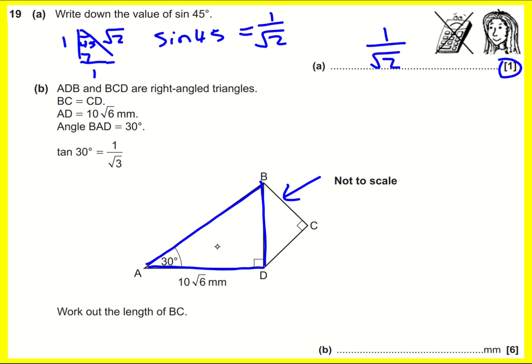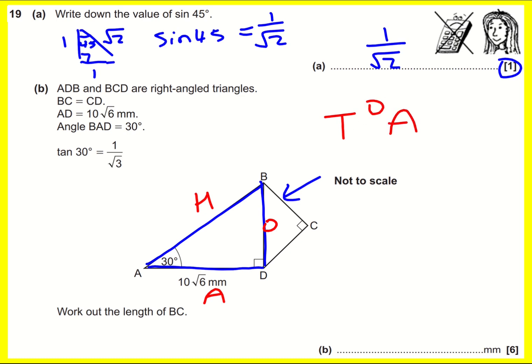Okay, so now I'm going to label my triangle and use trigonometry. So this is the hypotenuse, this is the opposite, and this is the adjacent. I've got the adjacent, I want the opposite, I've got the angle. I can use tan, which funnily enough they've given me the formula for, tan 30.